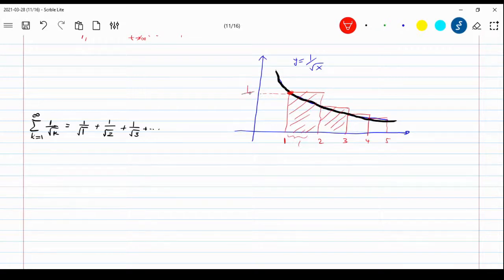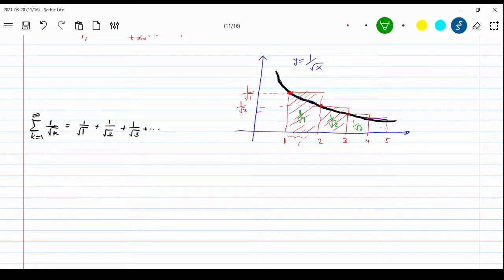And what is the height? 1 over square root of 1. What is the height here? 1 over square root of 2. And so on, 1 over square root of 3. So what would be the area of each one of these? It would be simply 1 over square root of 1, 1 over square root of 2, 1 over square root of 3, and so on.